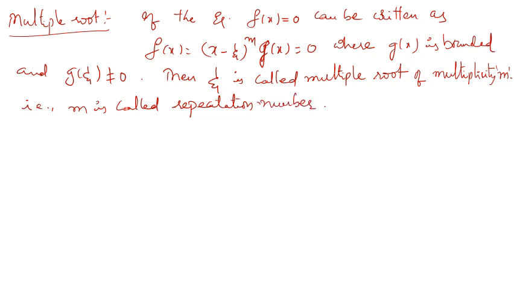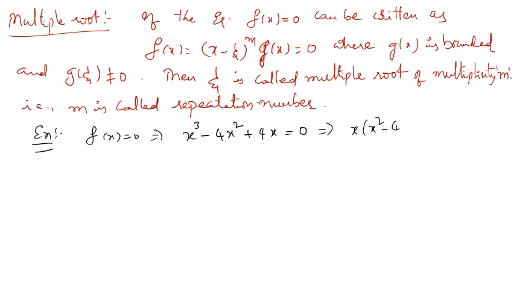Let me explain this one through one example. If I write f of x equal to 0, the function as x cube minus 4x square plus 4x equal to 0, which can be taken as x is common, x into x square minus 4x plus 4 equal to 0. So I can write this as x minus 2 whole square into x equal to 0.